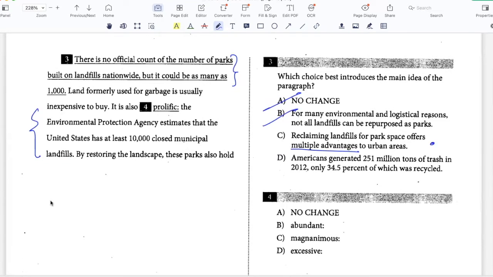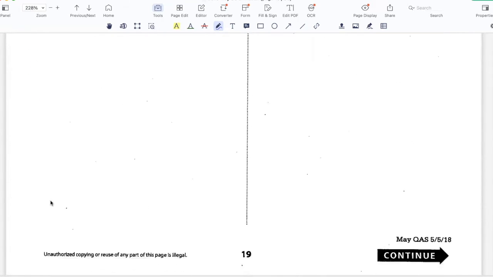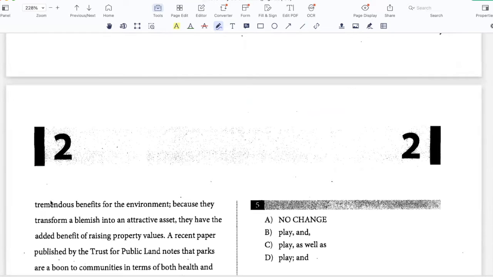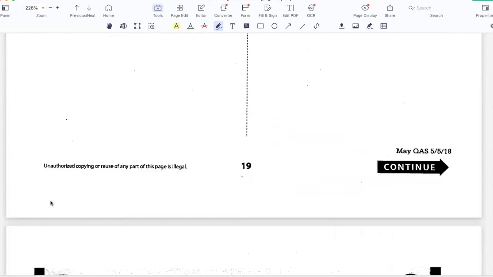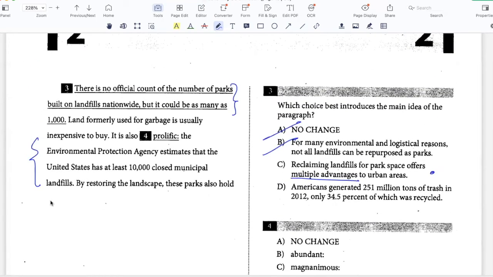By restoring this landscape, these parks also hold tremendous benefits for the environment and so on, right? So I like option C. Americans generated 251 million tons of trash in 2012, only 34.5% of which was recycled. So this is not a good introduction to converting landfills into parks. So C is the best answer.